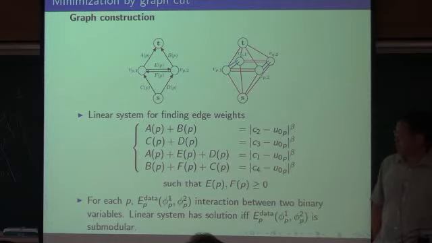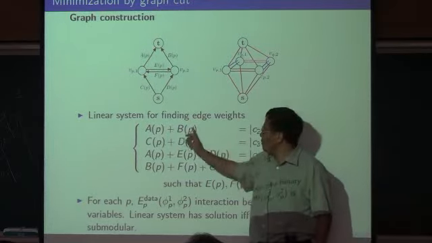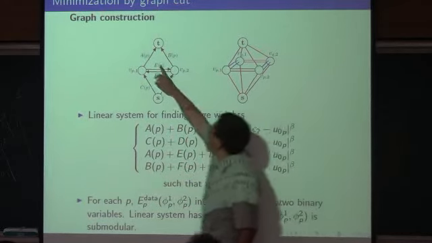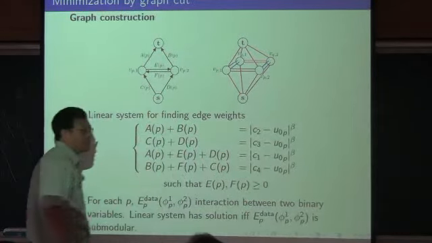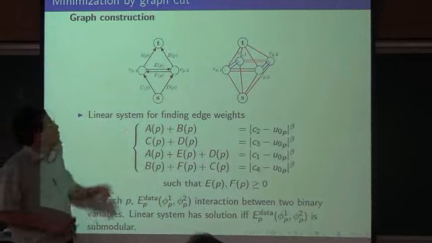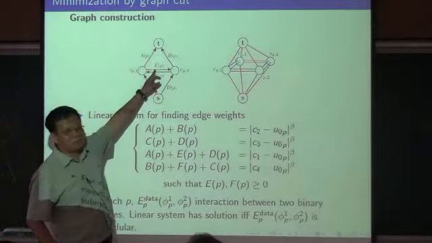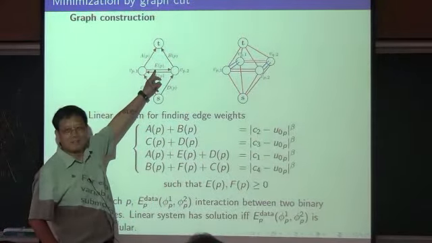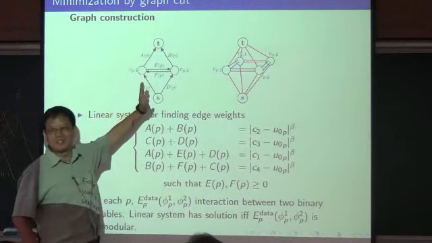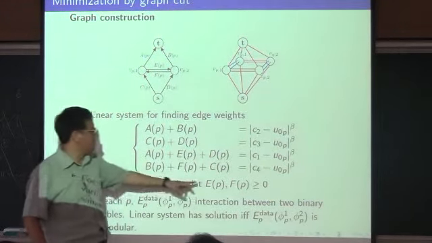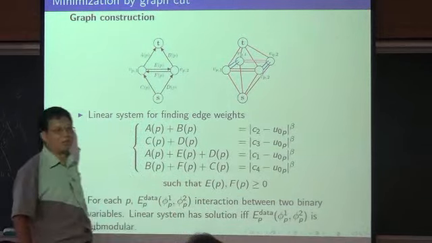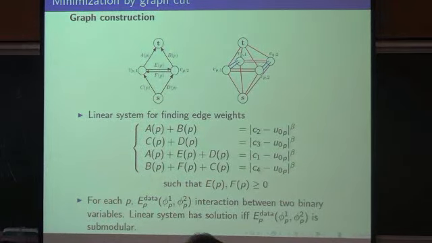If you do a little bit of study, you find out you can always guarantee A, B, C, D are positive. But you cannot guarantee E and F are positive. So there are some cases where E and F both are negative or one of them is negative. There is no positive solution.